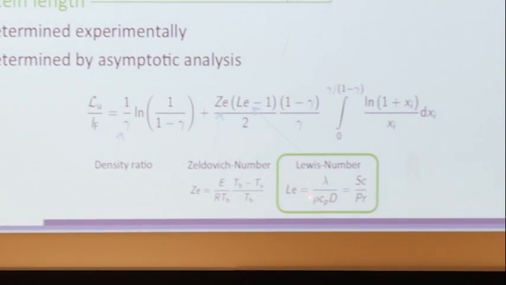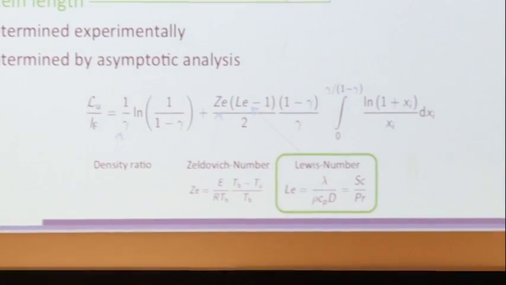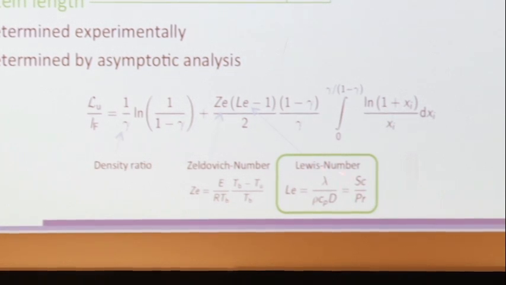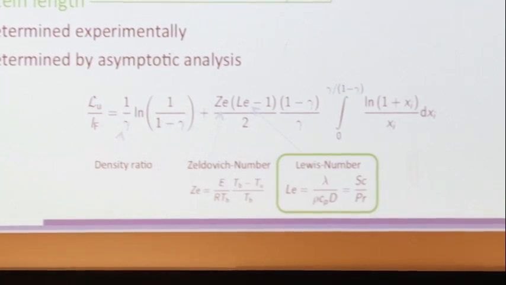Or you could say lambda over rho Cp, that's kind of the heat diffusion coefficient, and d is the species diffusion coefficient. So this is the ratio of heat diffusion by species diffusion. If they're the same, meaning the Lewis number is 1, you see then the second term here is 0. And otherwise, this is a complex interaction of transport. It's characterized by this term, and chemistry characterized by this term.